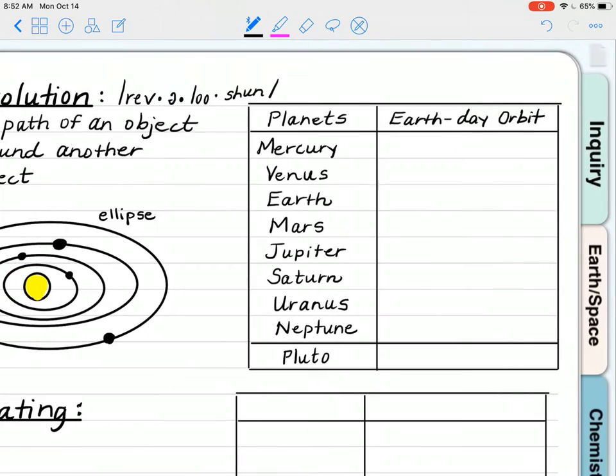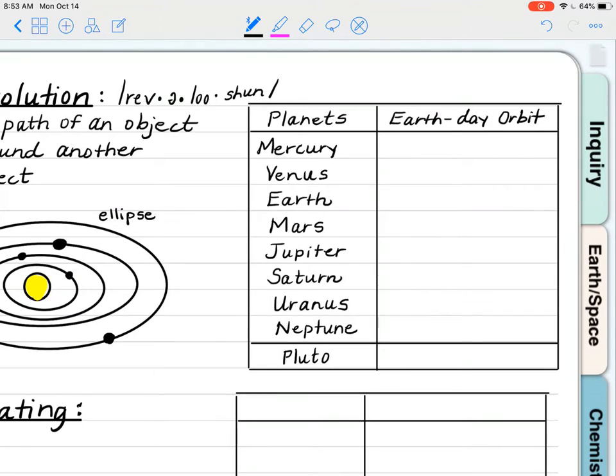Pluto does not meet the current definition of a planet. So I've included Pluto, but I've separated her from the others. And you notice that these are capitalized. If you are referring to the names of the planets in this form, it would be appropriate to capitalize them.